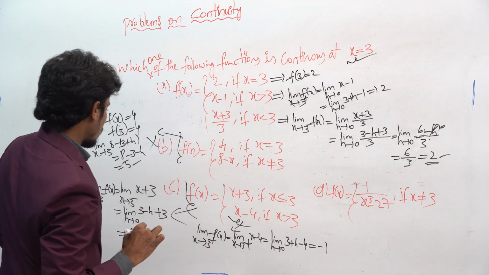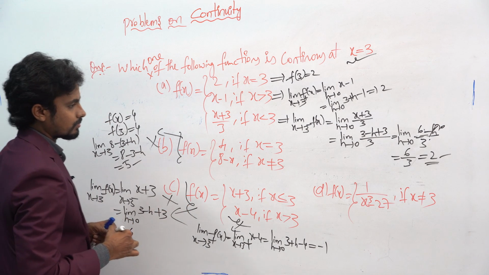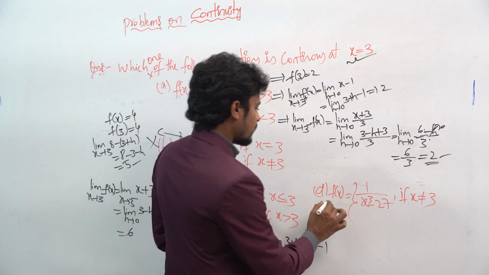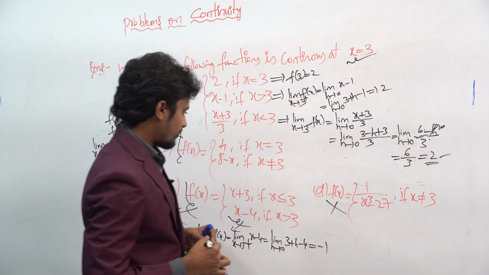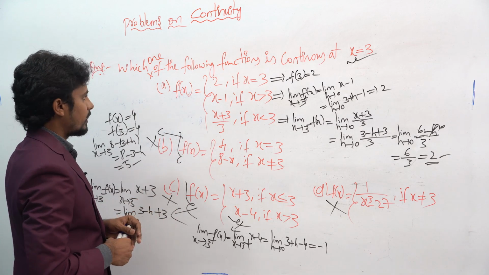Here also the left hand limit can't be equal to the right hand limit. The left hand limit is not equal to the right hand limit. So our answer is A.